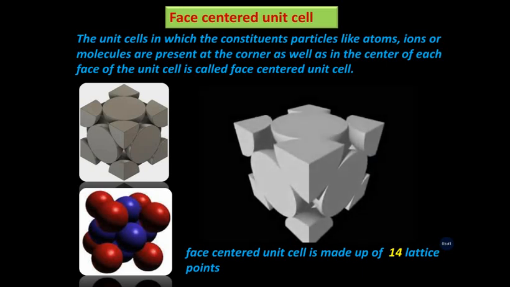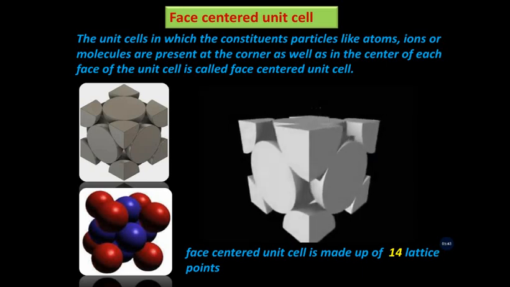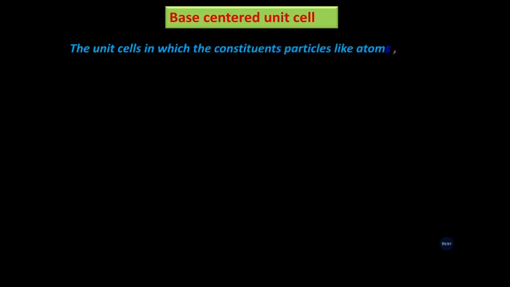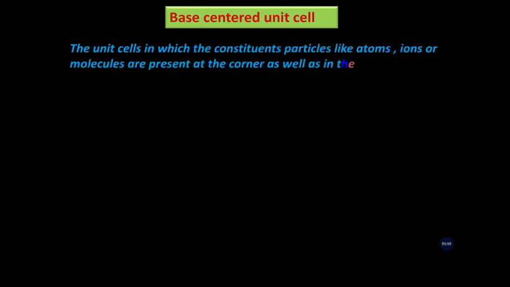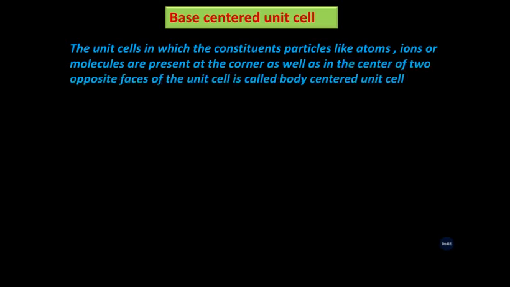Now, our last type is the base-centered or end-centered unit cell. It is a centered type of unit cell in which atoms are present in the center of 2 opposite faces along with the 8 atoms at the corners of the unit cell.